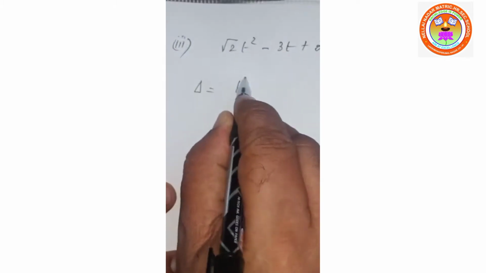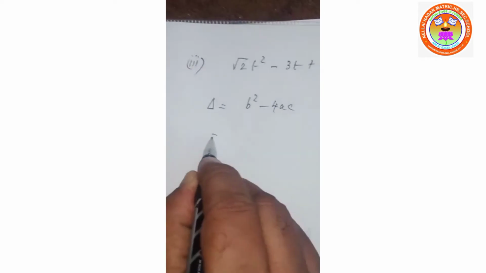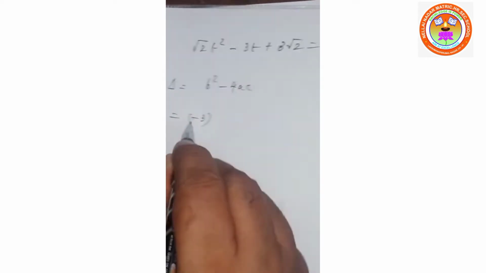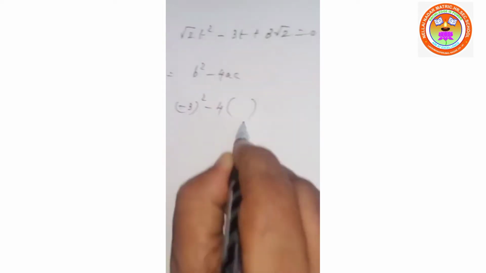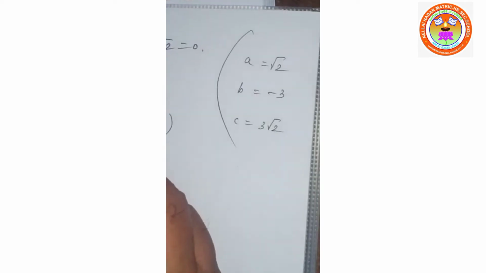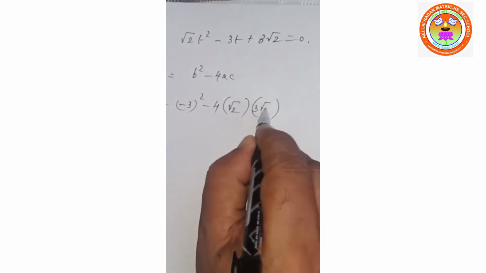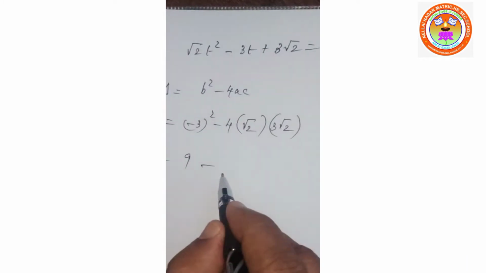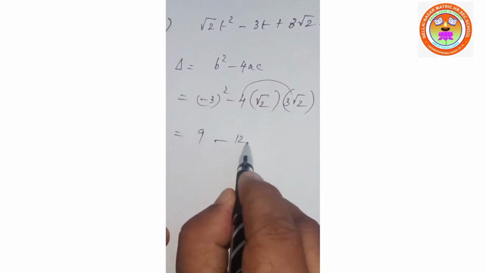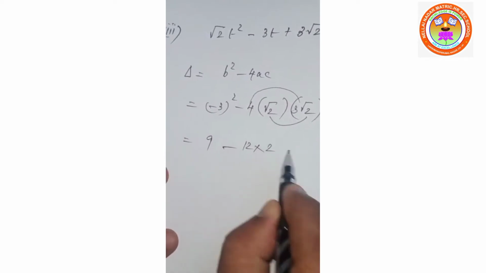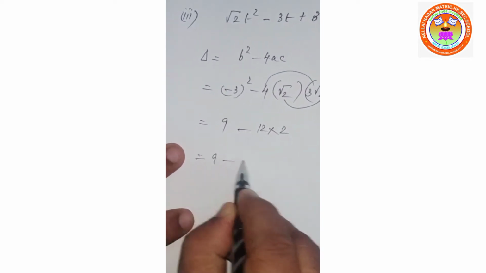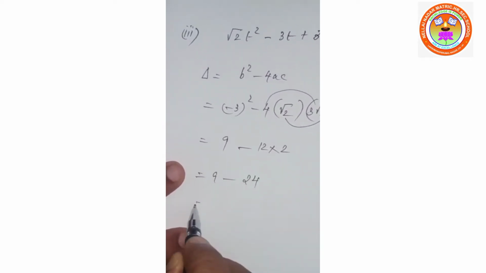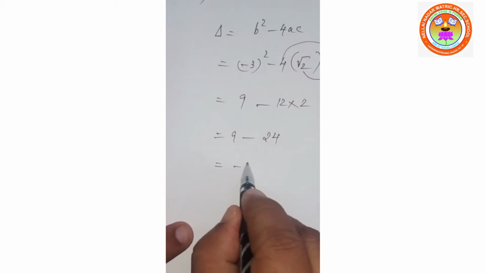Find out delta. Delta formula: b squared minus 4ac. b is minus 3 the whole square, minus 4 into a value into c value. The a value is root 2, the c value is 3 root 2. Minus 3 the whole square is 9, minus 4 threes are 12, into root 2 into root 2 is 2, so 12 twos are 24. 9 minus 24 is minus 15.